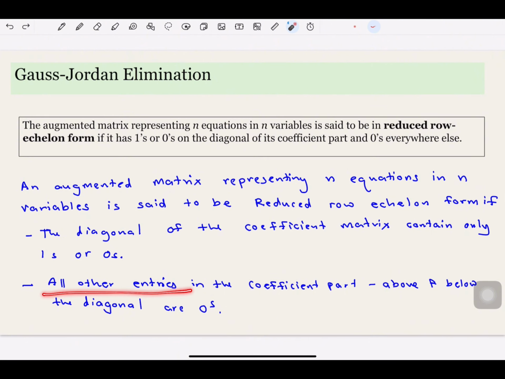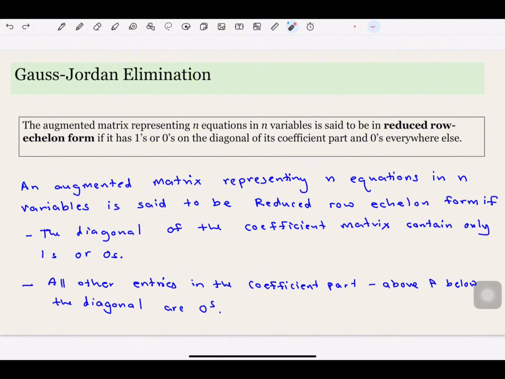That means each variable is perfectly isolated, and the system is essentially already solved. While row echelon form prepares the matrix for back substitution, reduced row echelon form gives you the solution directly. There are no extra steps involved.